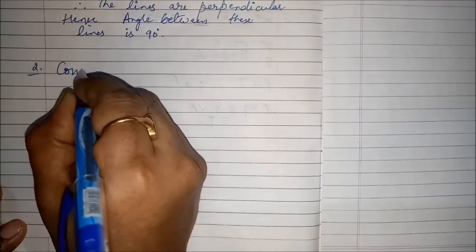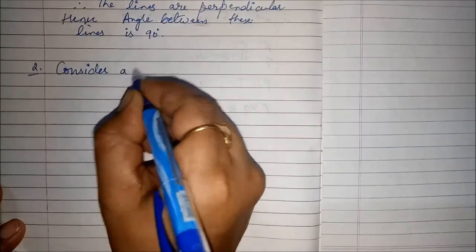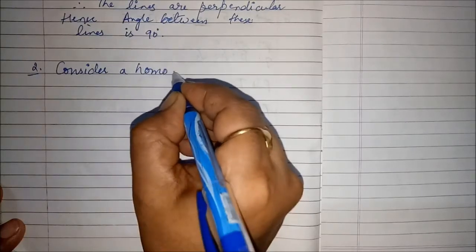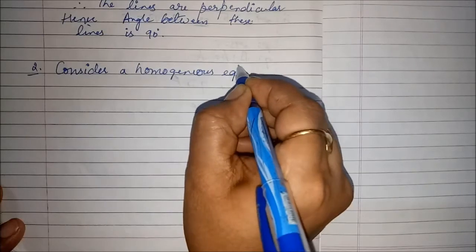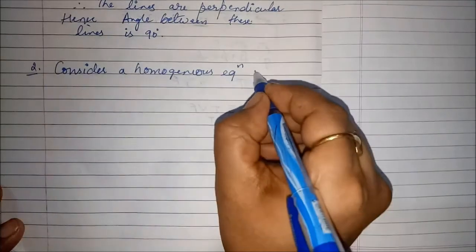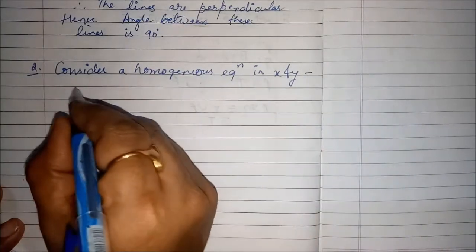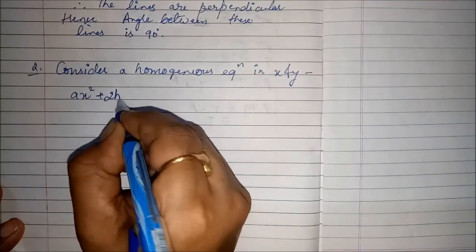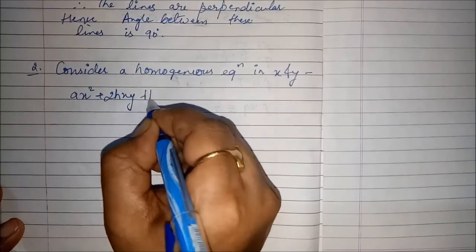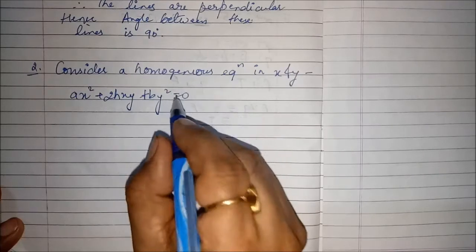Firstly, we will consider a homogeneous equation in x and y, which is ax square plus 2hxy plus by square equals to 0.